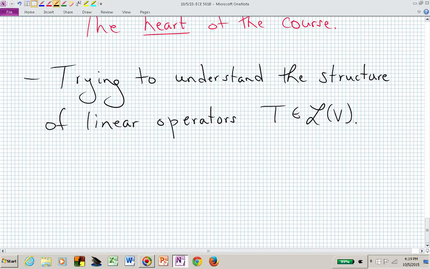And the notation is this linear map T is in L of V, the linear maps from V to V, and we just abbreviate that as L(V).